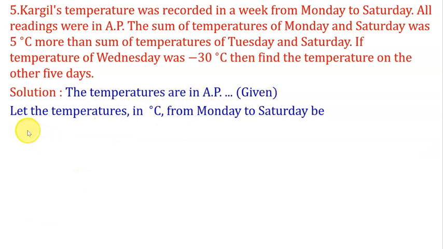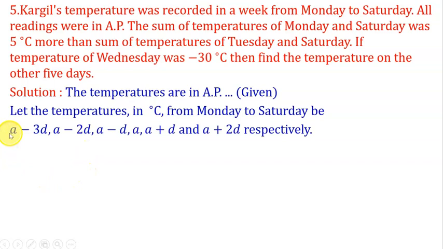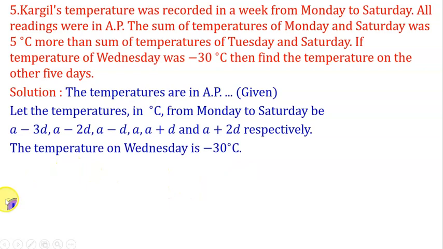This is given. Let the temperatures in degrees Celsius from Monday to Saturday be A minus 3D, A minus 2D, A minus D, A plus D, A plus 2D respectively. Okay, the temperature on Wednesday is minus 30 degrees Celsius. That is A minus D is equal to minus 30 degrees Celsius.